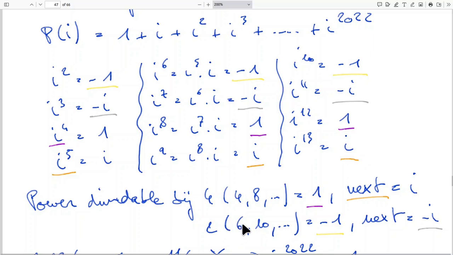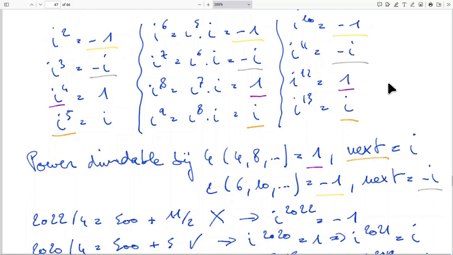If it's divisible by 2 but not by 4, like 2, 6, 10, and so on, that will give you minus 1. So i to the second, i to the sixth, i to the 10th will give you minus 1, and the next ones, 3, 7, 11, and so on, will give you minus i.